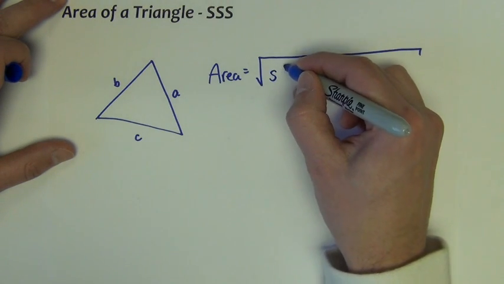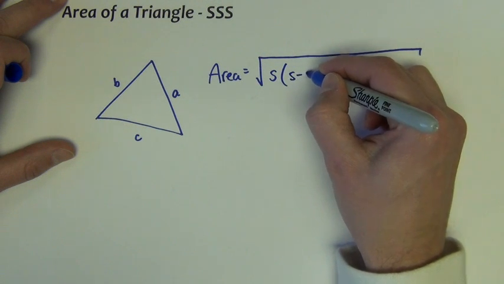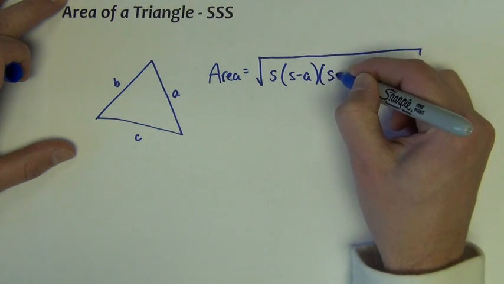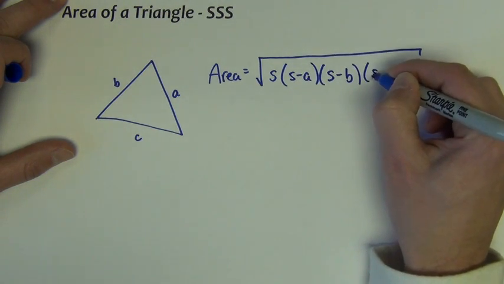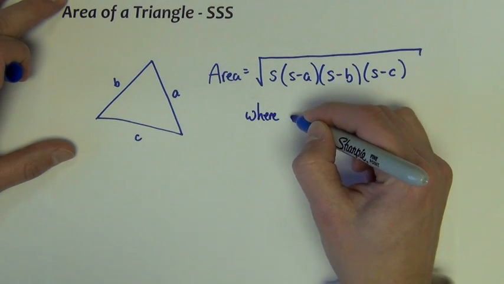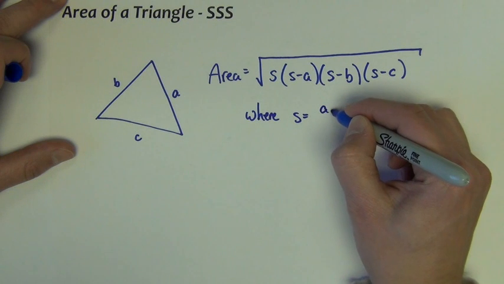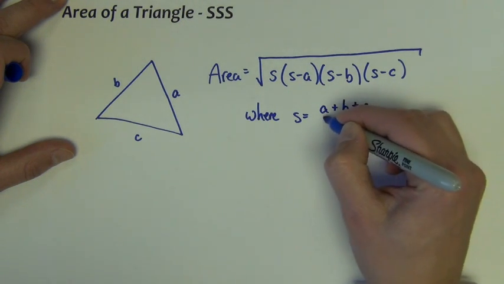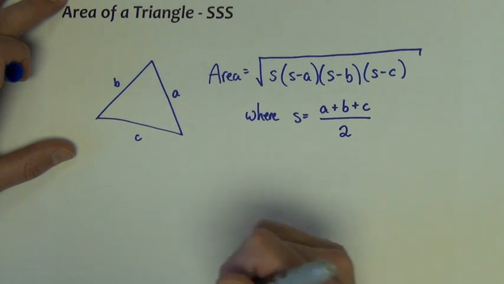It is the square root of S times quantity S minus A times quantity S minus B times quantity S minus C, where S is equal to A plus B plus C divided by 2.